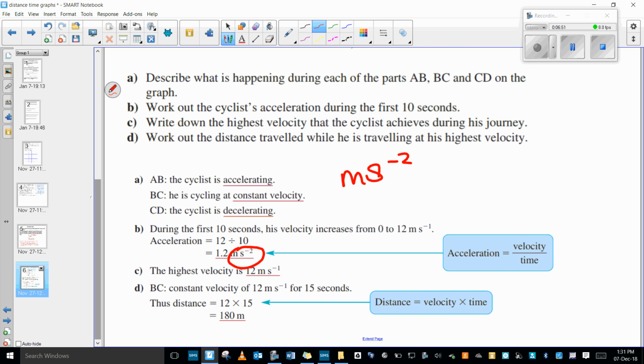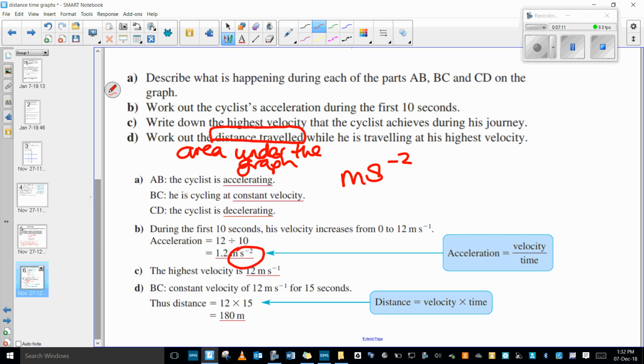Work out the distance travelled. Now, distance travelled is indicated by the area under the graph. So that's also something that we want to be aware of.